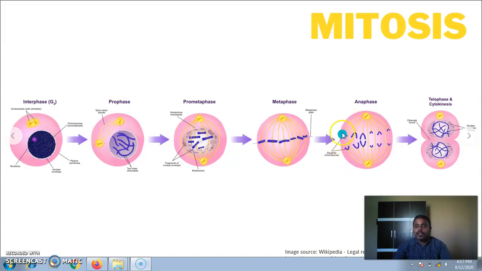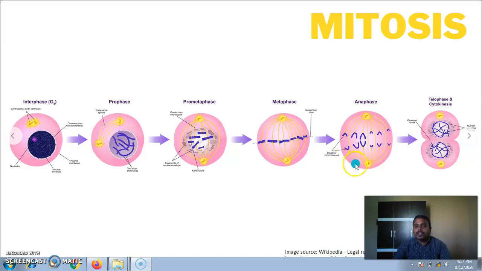chromatids will be pulled away from each other by the spindle fibers. The spindle fibers get pulled by the centrioles towards themselves. This centriole will pull this spindle fiber towards itself, and this centriole will pull this spindle fiber towards itself.